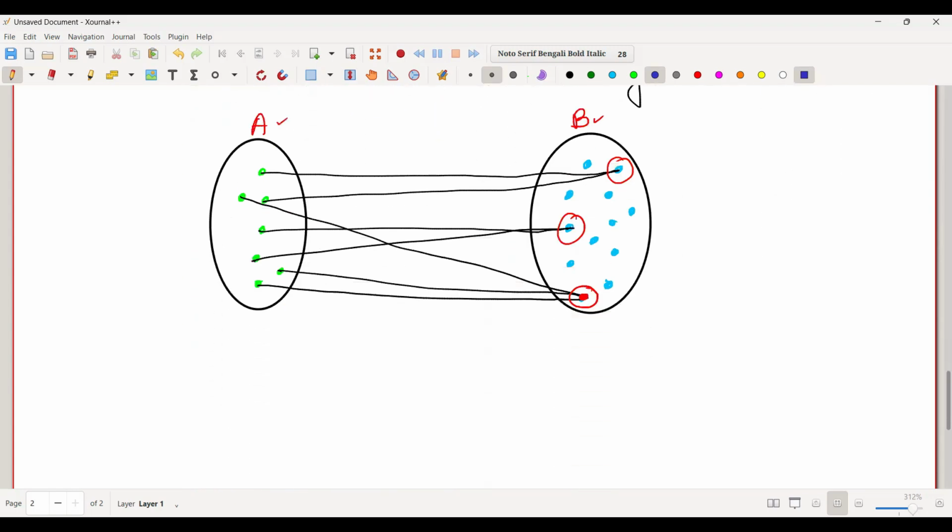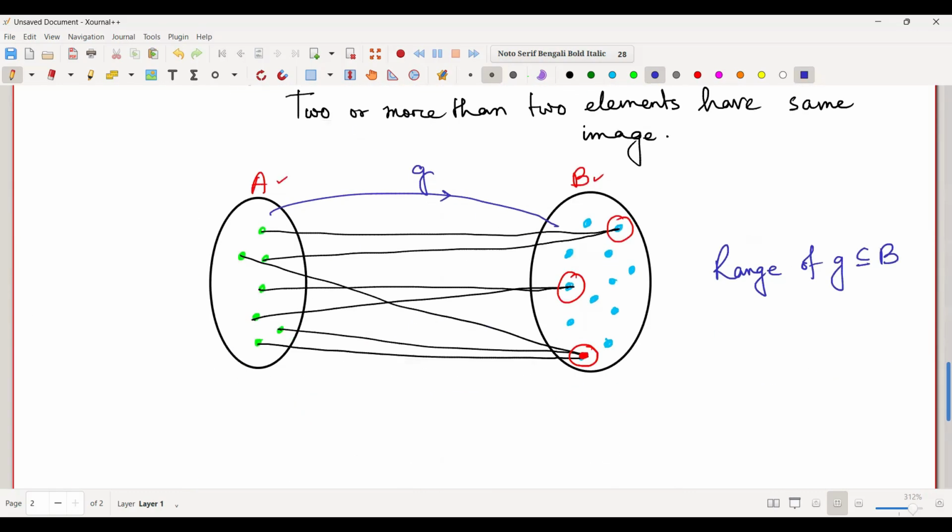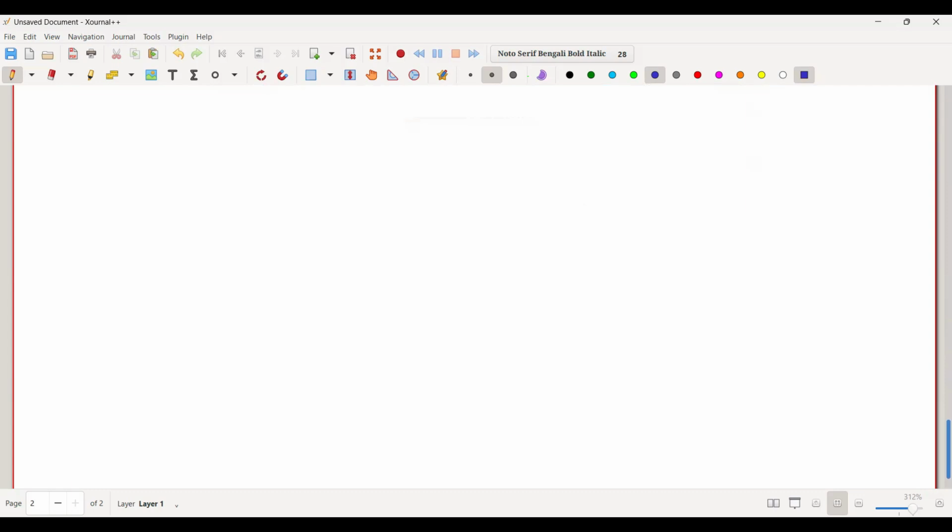And also for this, the range of G is a subset of set B. This is function G. Okay, so this is one-one and this is many-one. Now onto function. Okay, before that, into function.